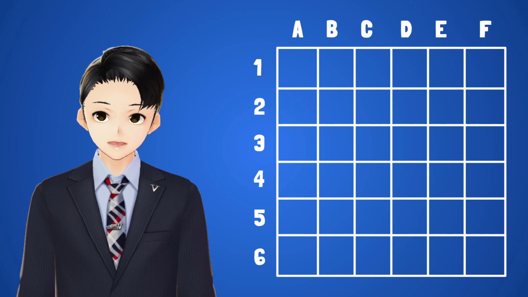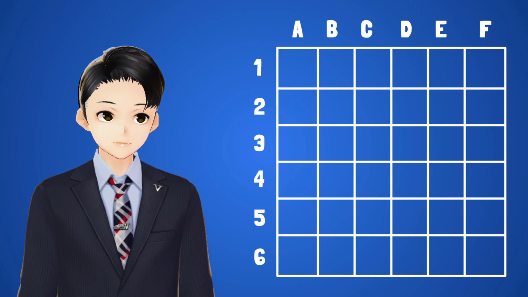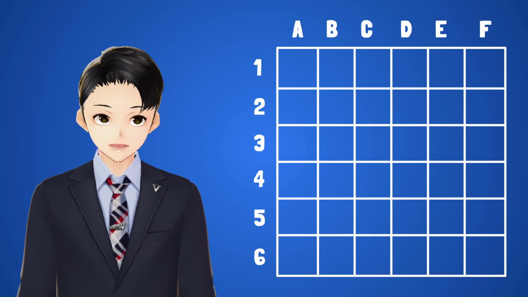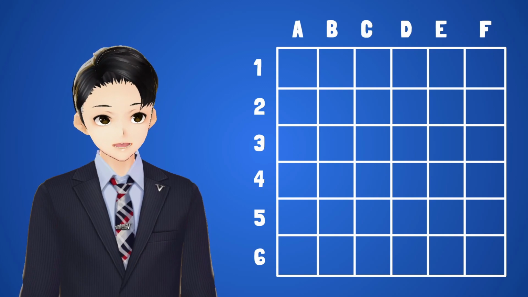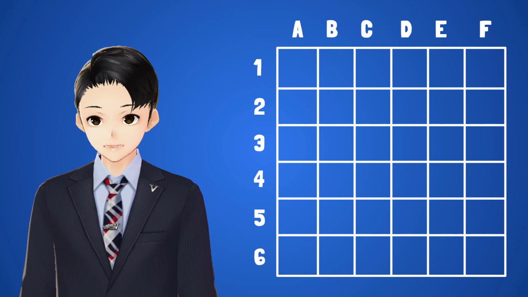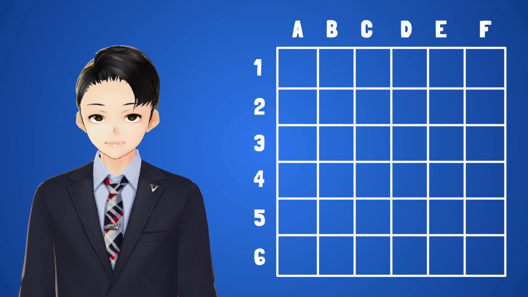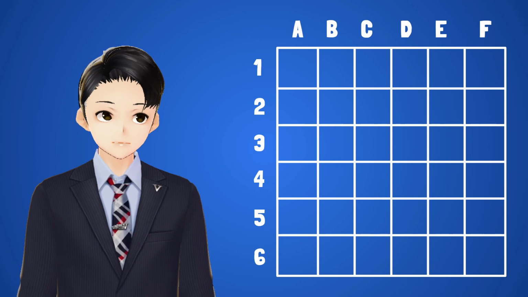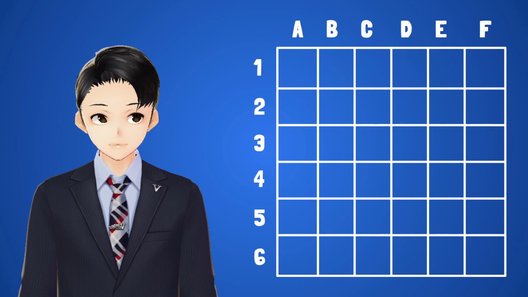If you have done your assignment, you will have a 6 by 6 grid with columns A, B, C, D, E, F, and the rows 1, 2, 3, 4, 5, 6. So we have 36 cells altogether.